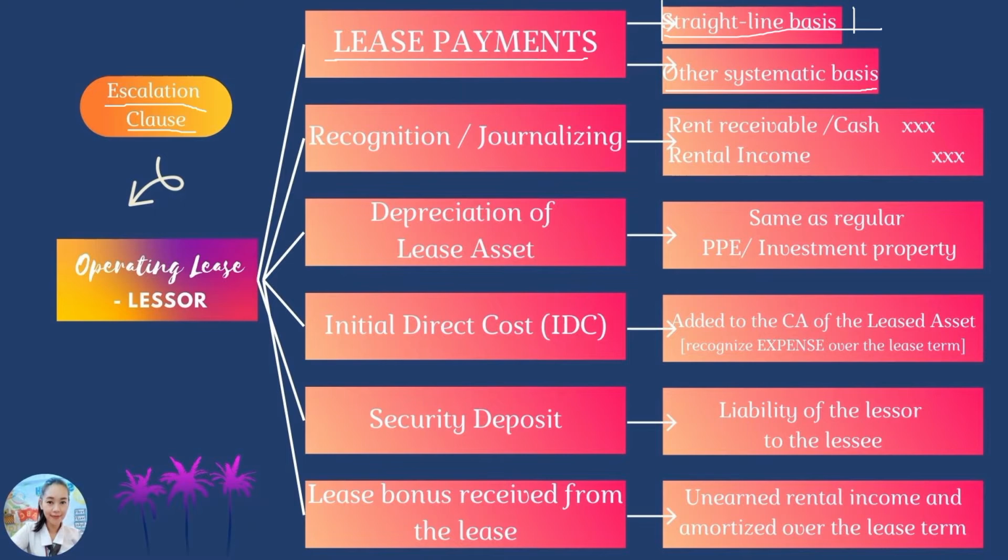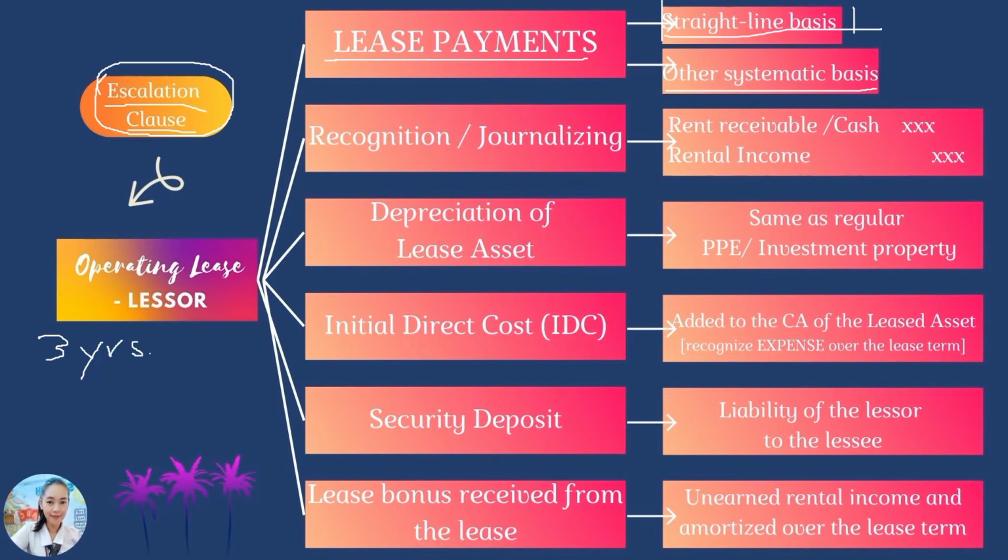Now, what if it is not equal, like the rental payment the lessor receives from the lessee differs every year? Like what I said earlier, there is an increase, an escalation. So how are we going to account for that one? Right, I will give you an example here. So again, say for example the lease term is 3 years.